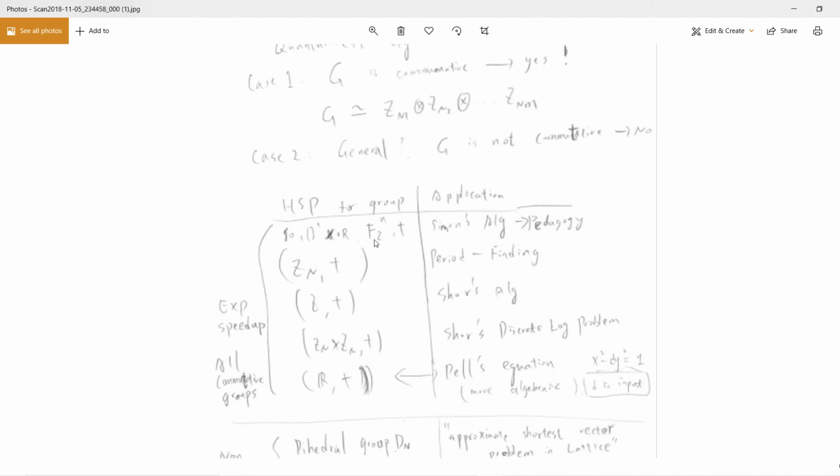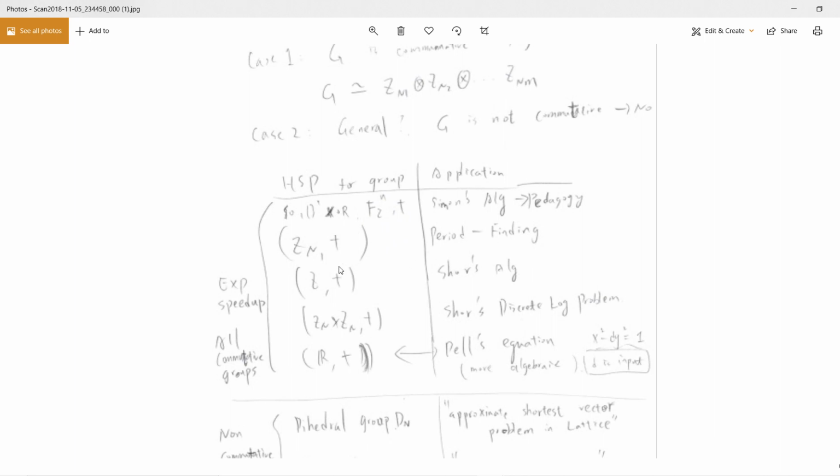You can view this as the finite group Z2 to the power n, with plus as the group operation. For Shor's algorithm, it's the integers with plus, and this one is Zn with plus. Also there is Shor's discrete log problem, which I may talk about.